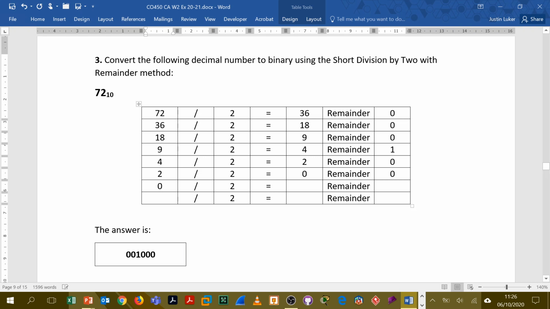And I could say 1 divided by 2, it's going to give us effectively still 0.